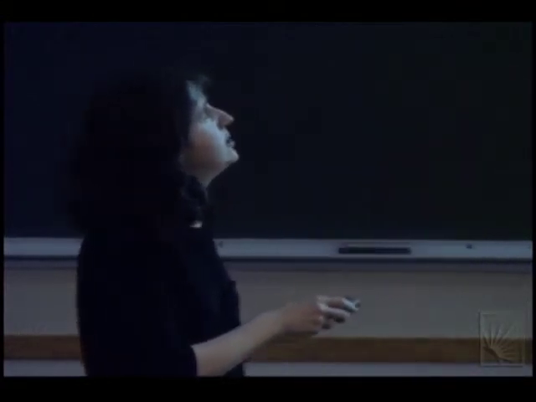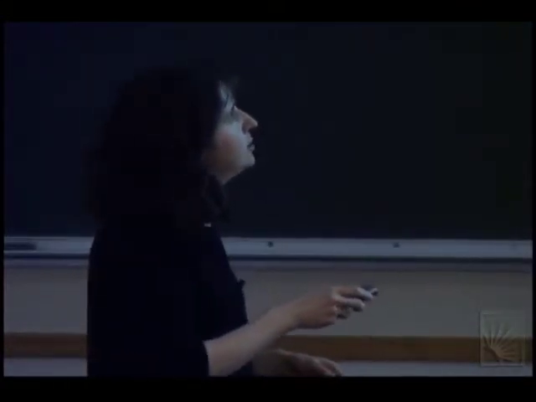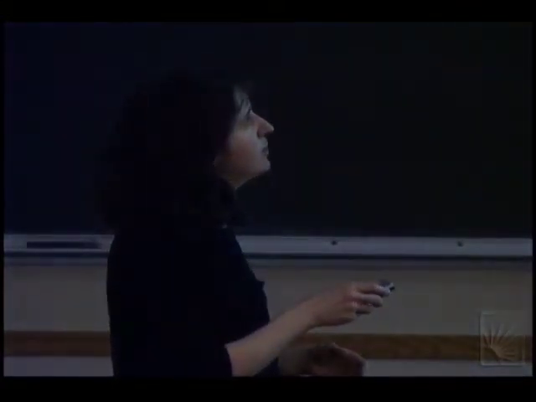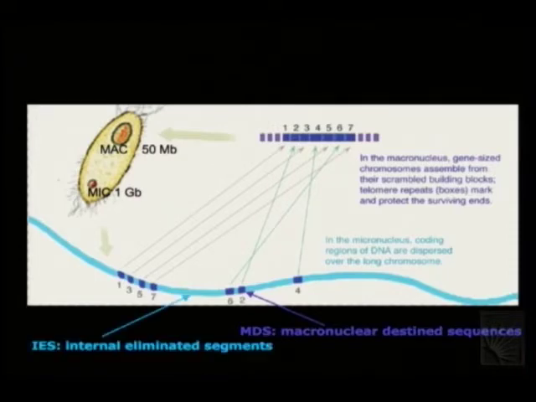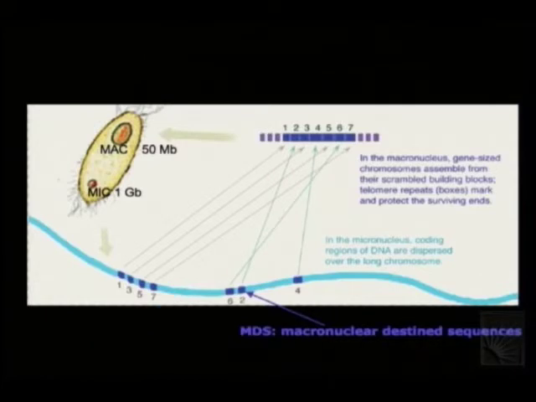So some other features about this genome architecture, or this minimal genome architecture that's formed in the macronucleus, is that it extracts the coding information that's highly dispersed in the germline genome. So you basically have short islands of coding information and long oceans of non-coding information. The coding segments are referred to as MDSs for macronuclear destined sequences.